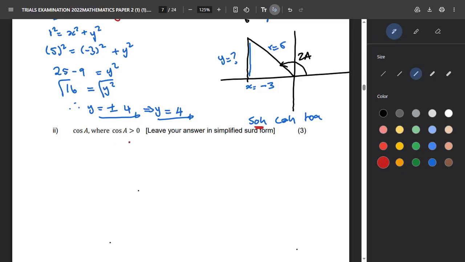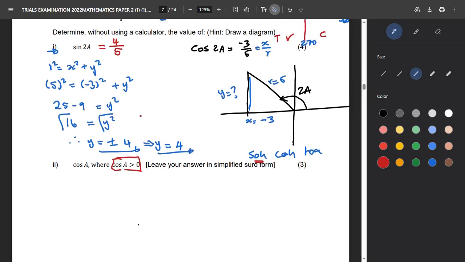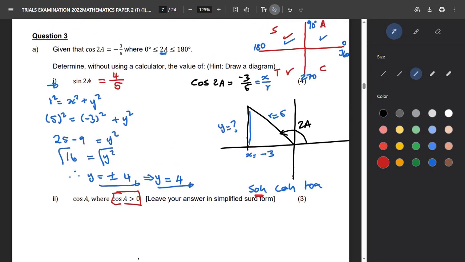The cos A, where cos A is positive, leave your answer in simplified surd form. They want us to find the cos A, where A is positive. So if you look at this, they want us to determine where A is positive. You'll understand when we need to apply this given condition. If I'm looking for cos A, my angle is 2a.